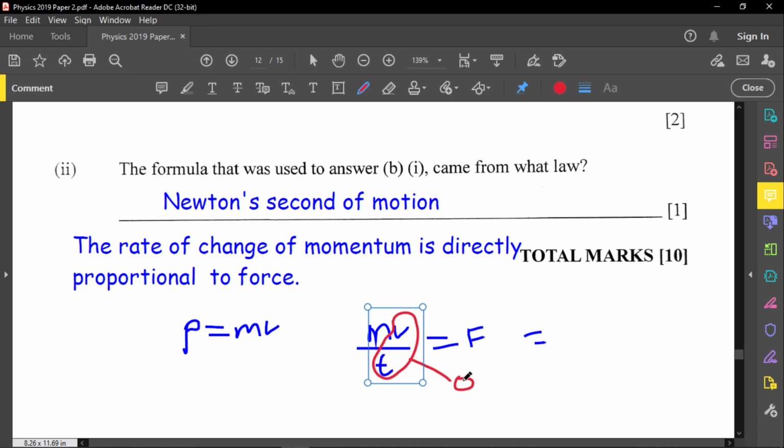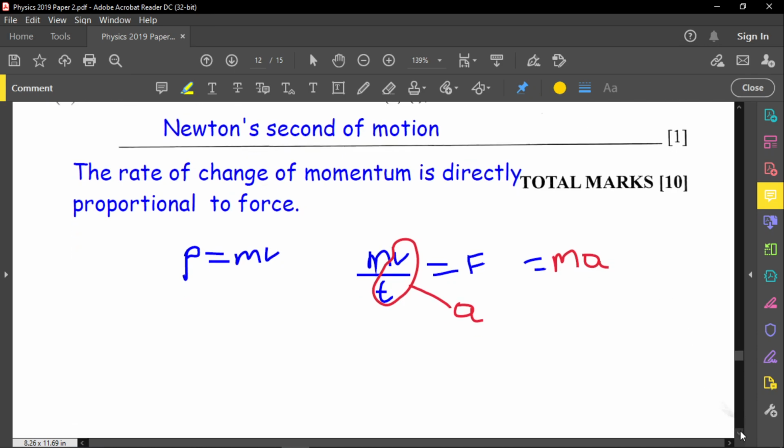Let's put A, and M is mass. So I can still say that force is equal to mass times acceleration, because V over T is acceleration. So this is how this formula comes from. The rate of change of momentum is the same as saying mass times acceleration. Okay, great, that's what it is.